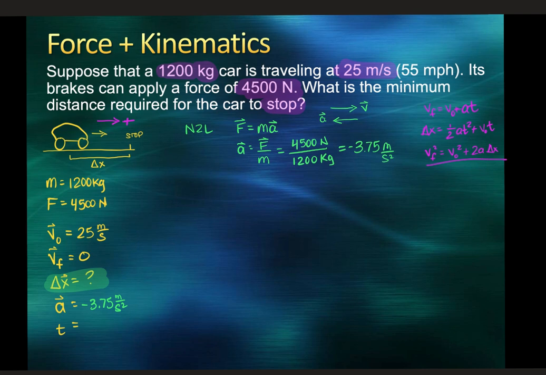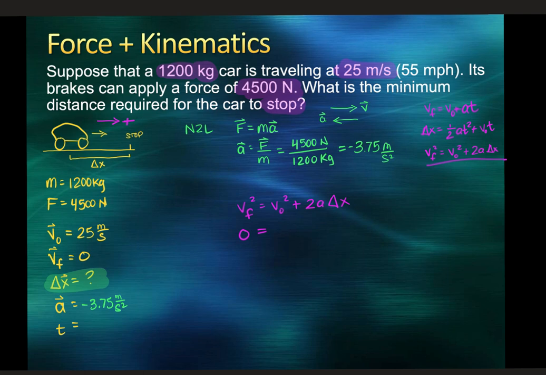So let's come on down here. I'm just going to rewrite it to make things visible. V final squared equals v initial squared plus 2a times delta x. And I'm going to end up solving this for delta x. I'm just going to plug all my numbers in and go. Final velocity, I have 0.